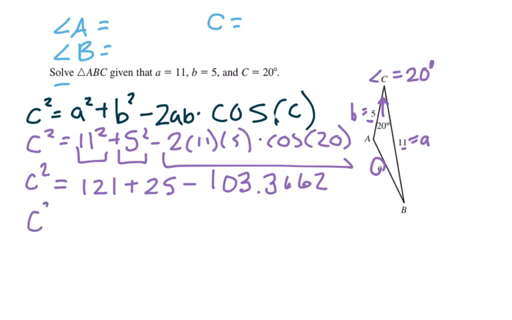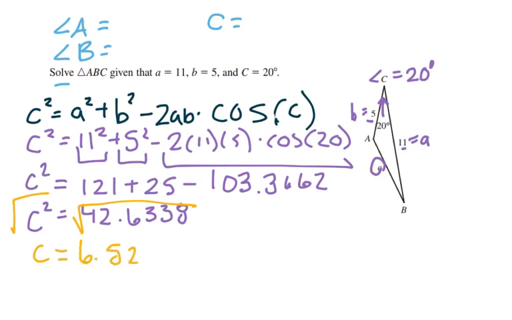And so if we put all of those together, c squared is going to equal 121 plus 25 minus 103, which is 42.6338, but of course we need to take the square root of both sides. So side length c is actually equal to 6.5295. So that's side length c.